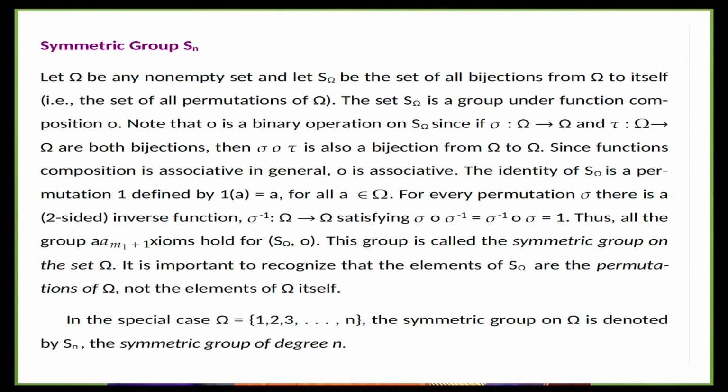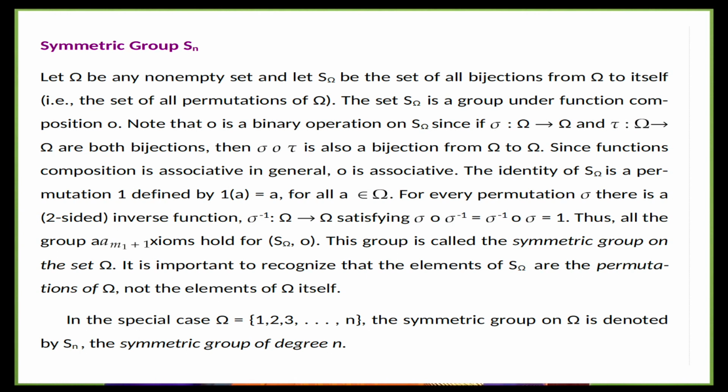For every permutation sigma there is a two-sided inverse function sigma to the power of minus 1 from Omega to Omega satisfying sigma ∘ sigma^-1 equals sigma^-1 ∘ sigma, which equals 1.